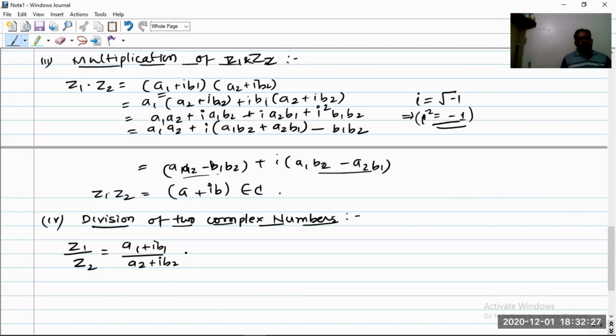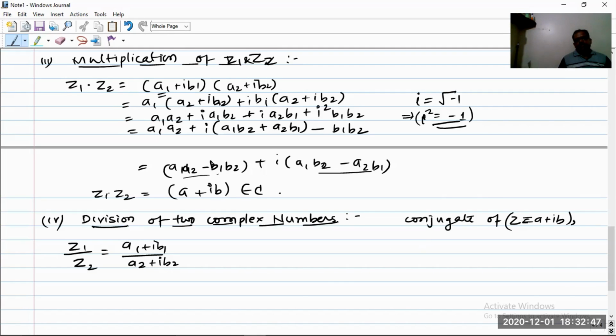Now students, to simplify this, I need to introduce one term known as the conjugate of a complex number. What do you mean by the conjugate of z? As I know, z is a plus ib. What will be the conjugate of z?